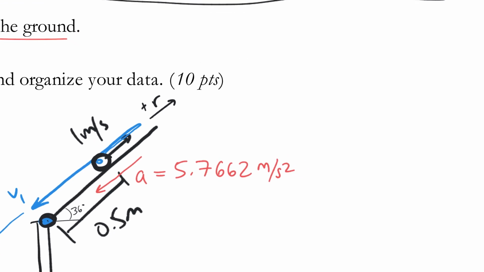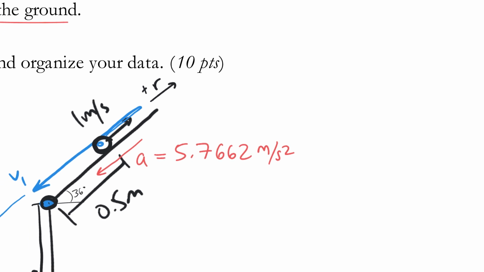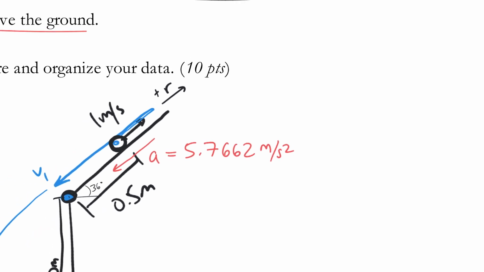Okay, if I do that, then what do I know? Well, the initial position, R0, is 0.5 meters, right? R final. You know what? Let's not do that. Okay, I know the delta R from the beginning to the end: it's going to start here, and it's going to end up back here, and it's going to go negative 0.5 meters, right?